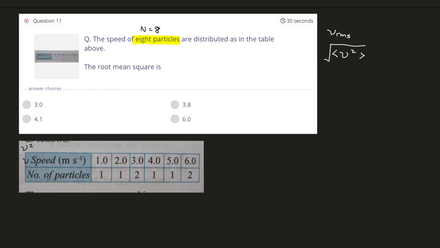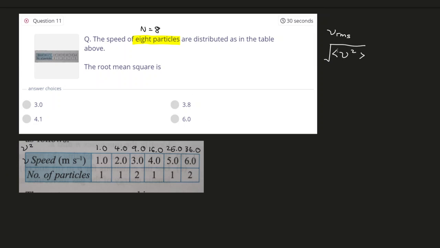This one will be 1.0, 4.0, 9.0, 16.0, 25.0, 36.0. You just take the value of V and square it, then you get V square. Quite direct for now.